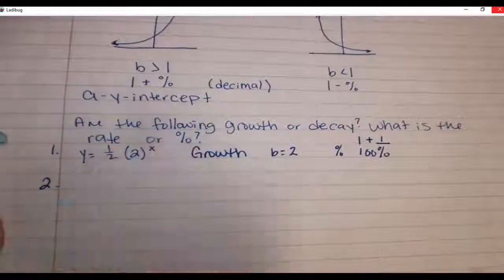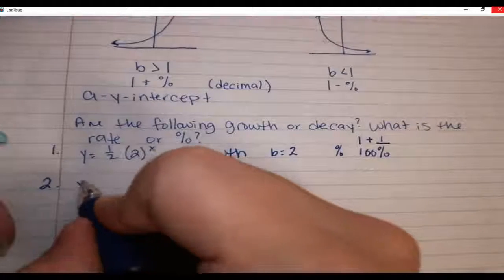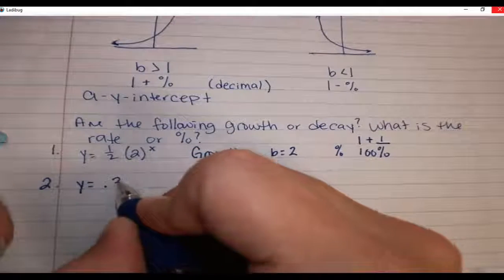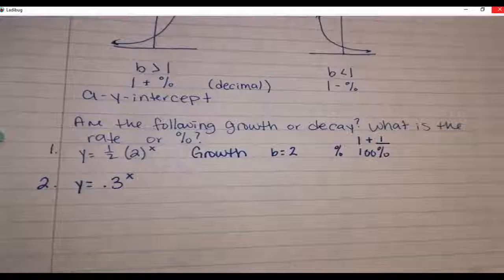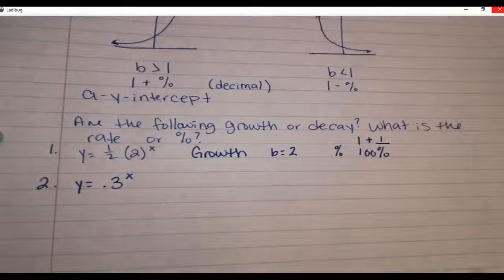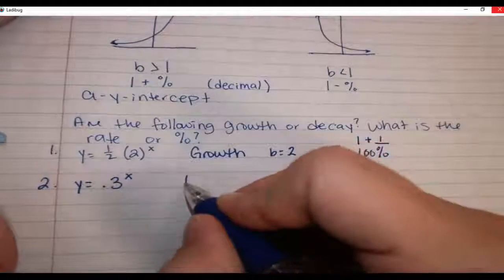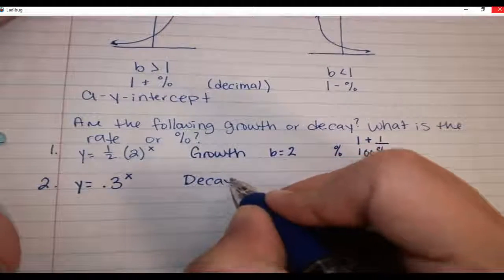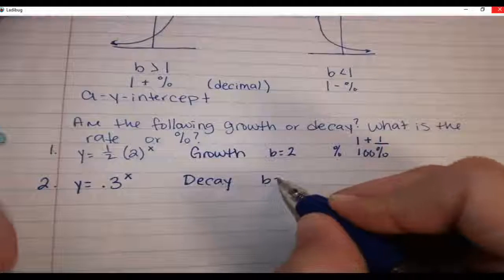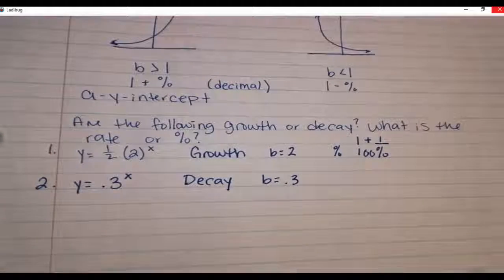Let's do one more. Let's say we had y equals 0.3 to the x. Good. Decay, how do you know? Good, because our b is 0.3 and that's less than 1.